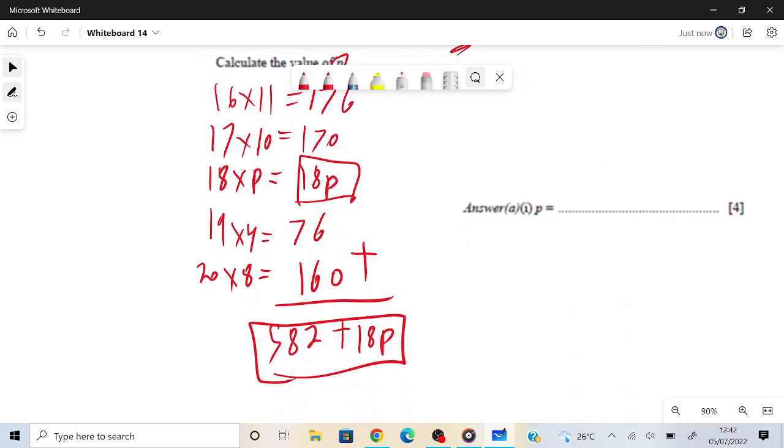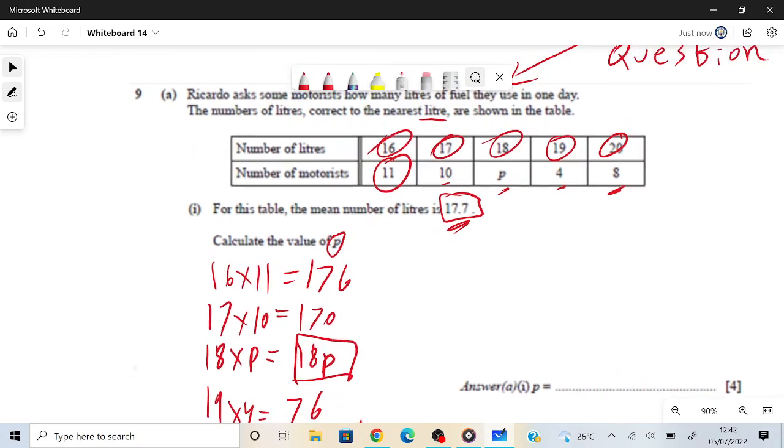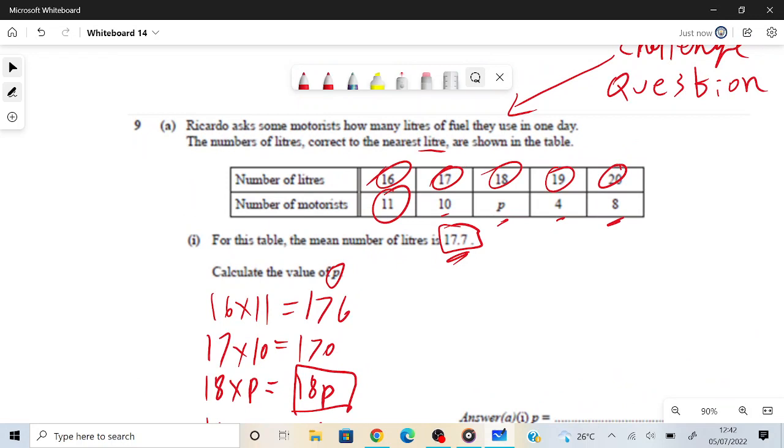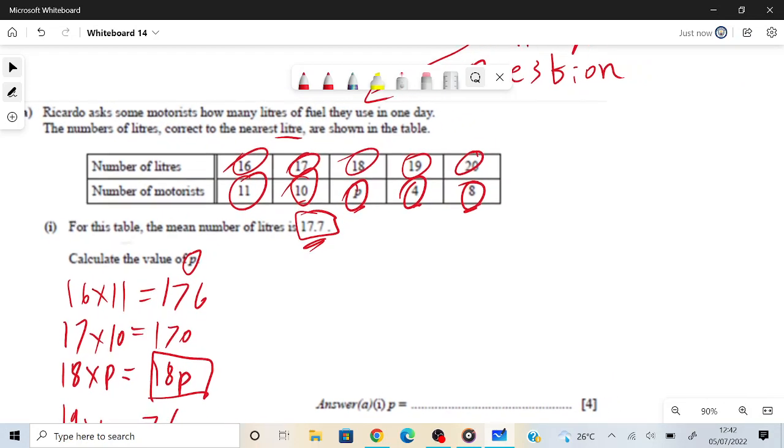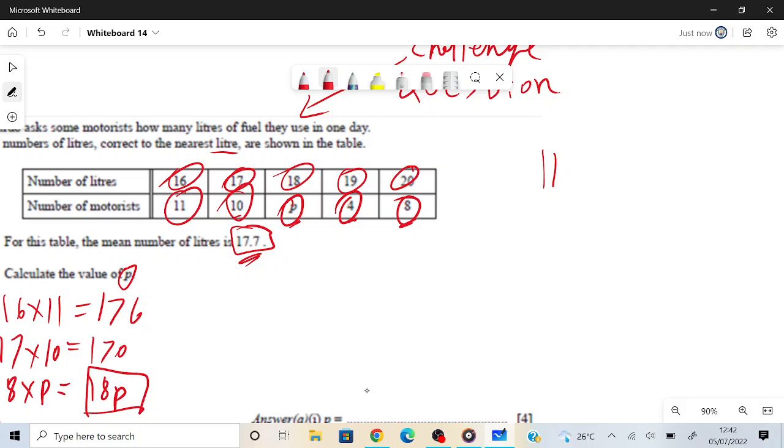We need to divide this by the total amount of frequency. In this question, they don't tell you the total frequency. You have to find that out by yourself, and to do that, you simply add up all the numbers of motorists. So 11 plus 10 plus P plus 4 plus 8.